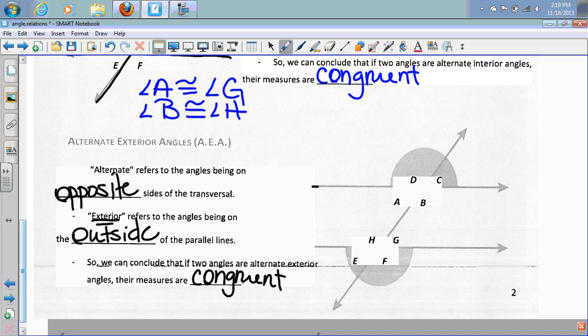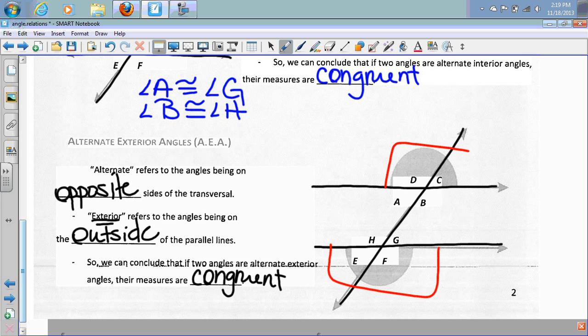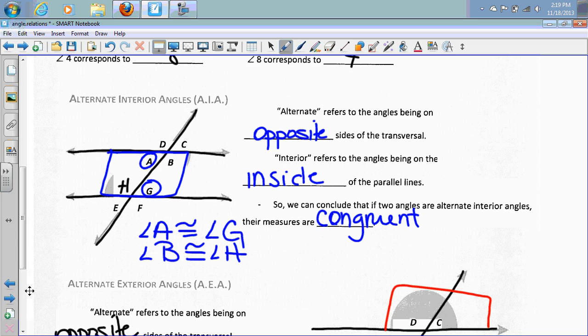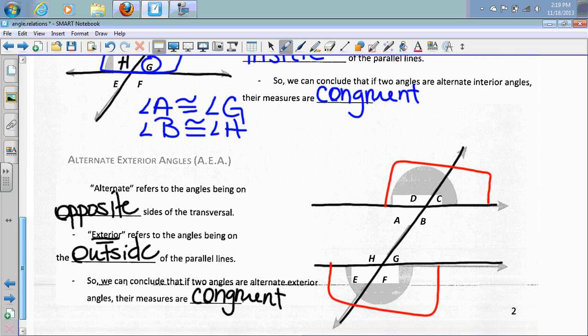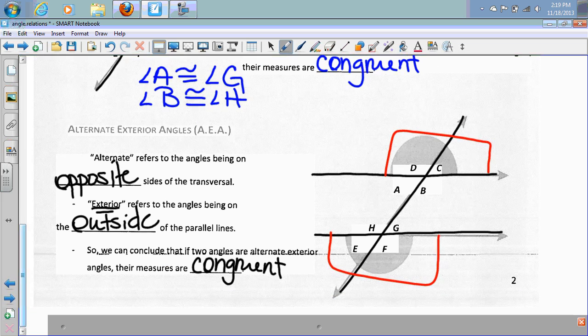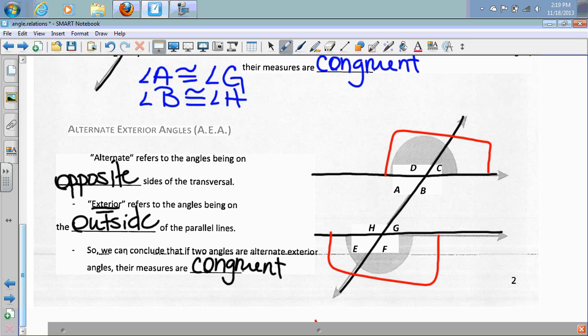So here are my parallel lines. Here's my nice transversal. Exterior is on the outside. So we have alternate, opposite sides.